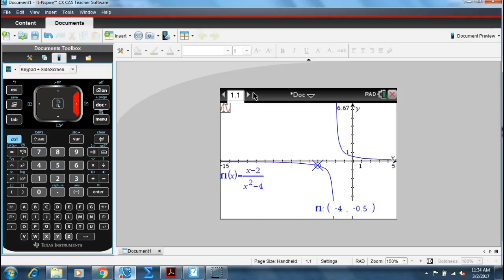Then at -4, we were at -1/2. And then at -2, it was undefined. That was our vertical asymptote of that first function. At -1, we got 1. And at 0, there's our y-intercept.